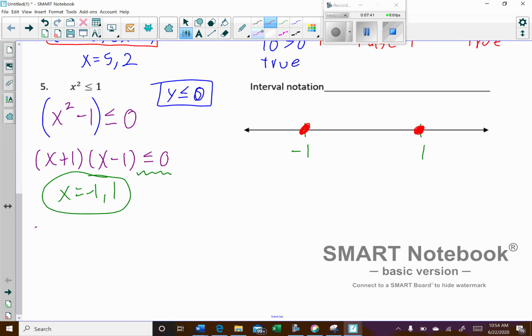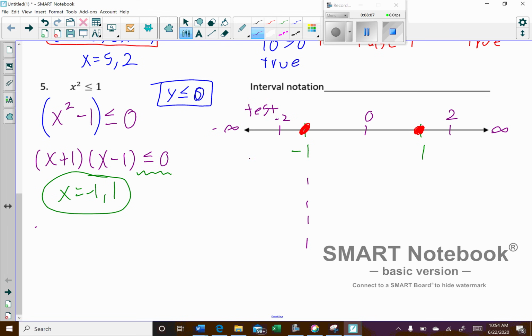Okay. And so now we need to test something over here like a -2. We need to test 0 and then test +2. So just like what we did up above. So you find the x-intercepts, test points between any x-intercepts and beyond any that are between your infinities, negative and positive infinity.